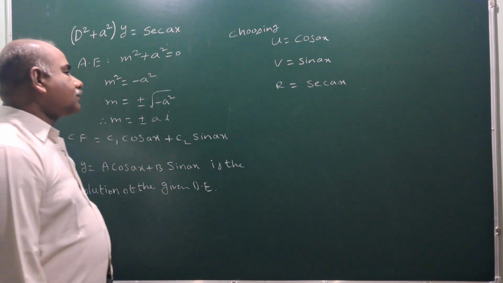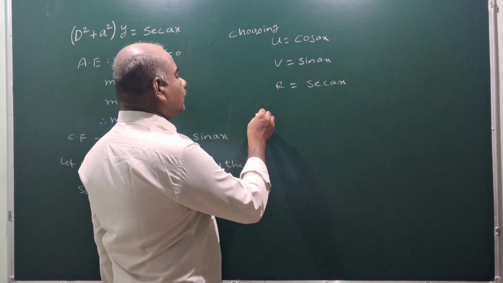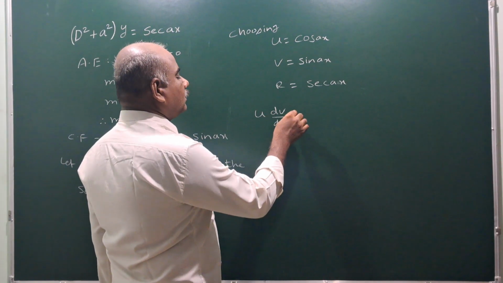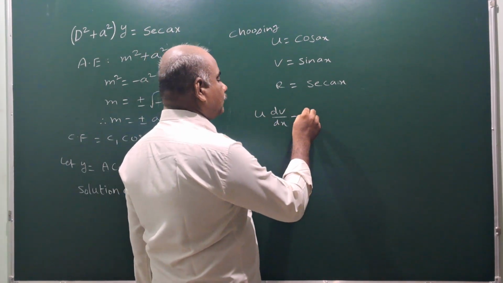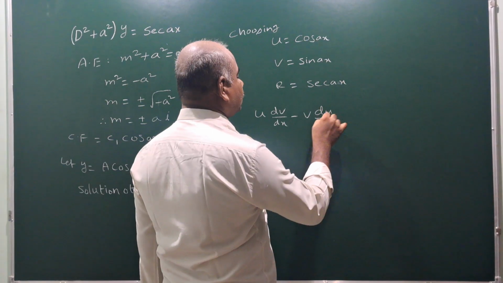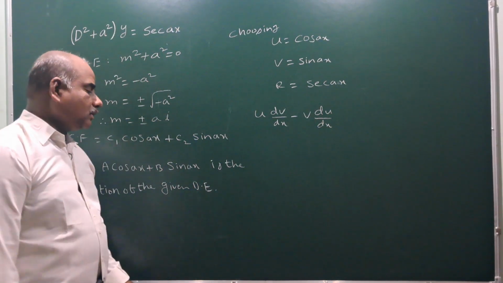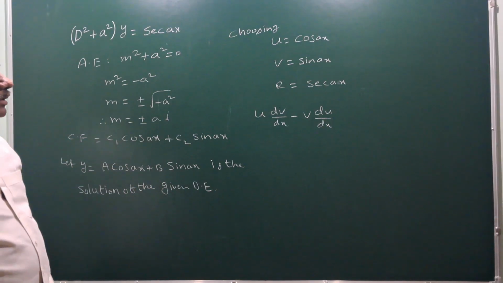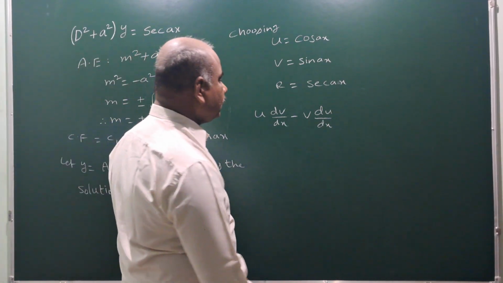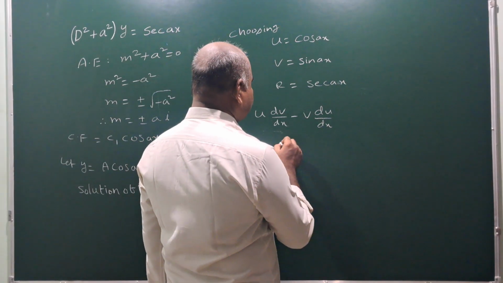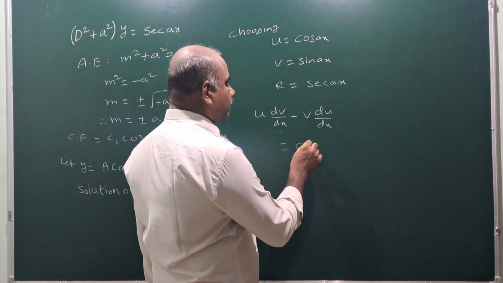Next we have to find the value of u dv/dx − v du/dx. This value is useful to find the values of A and B. So what is u here? cos ax.